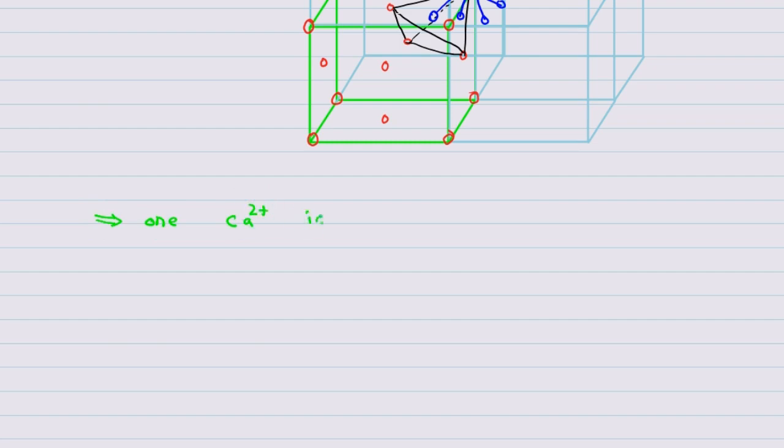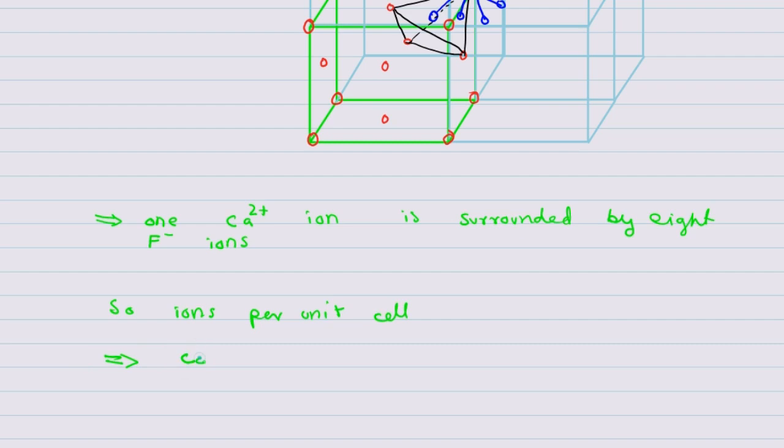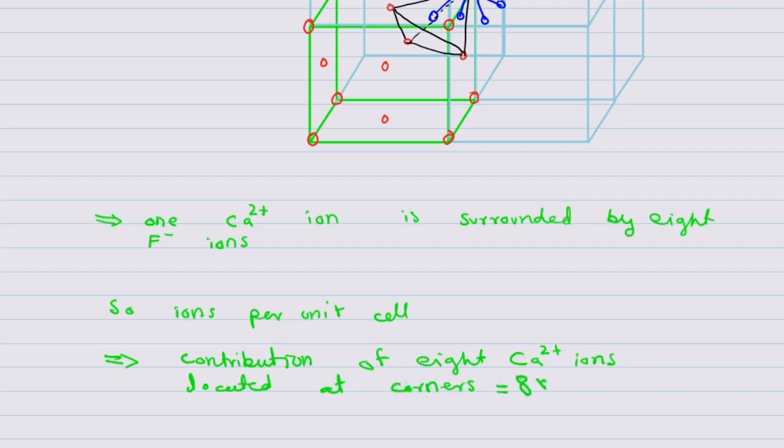So 1 calcium ion is surrounded by 8 fluoride ions. So number of ions per unit cell. So to find out number of ions per unit cell, we have contribution of 8 calcium ions located at corners is equal to 8 multiplied by 1 over 8.